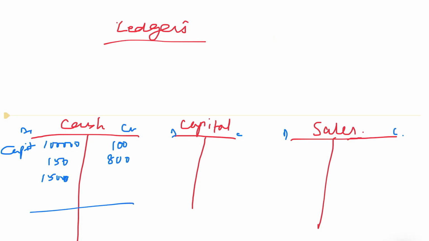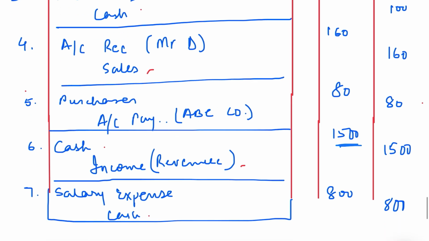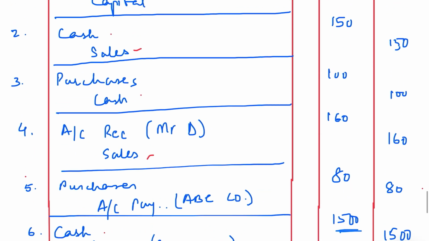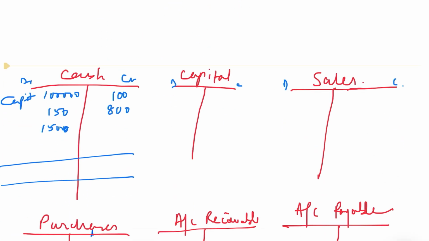Now as we have recorded all of our transaction, we will just recheck that if any other transaction has been not recorded, right? So we checked all the transactions are recorded in the ledger. Now what we do, we have to find first the total balances of each.